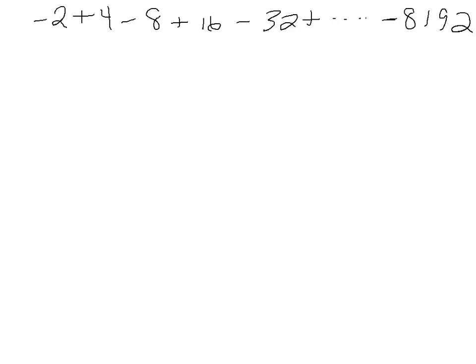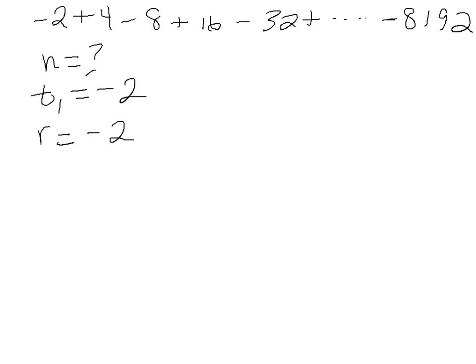Well, this is all because of our value of R, right? So we don't know how many terms there are, so n, I have no idea. T1 is -2. R is, let's say, 4 divided by -2 or -8 divided by 4. And in each case of those, we get R being -2.